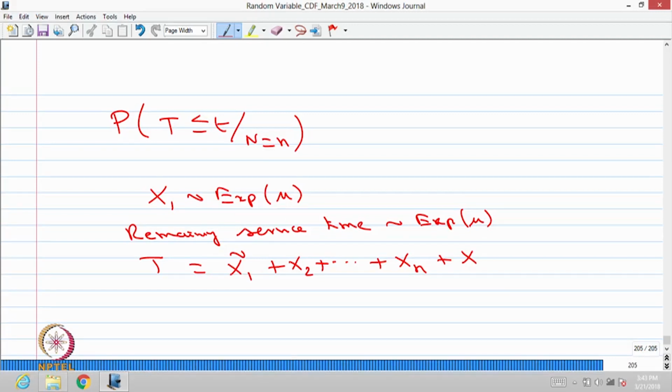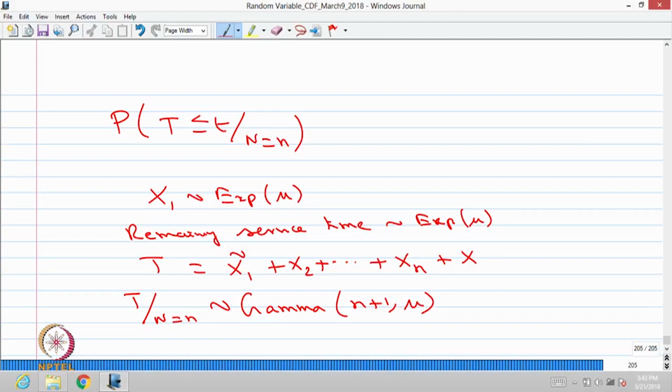Therefore, you can conclude, for a fixed n, the distribution of T is gamma distributed with the parameters n plus 1 and mu.